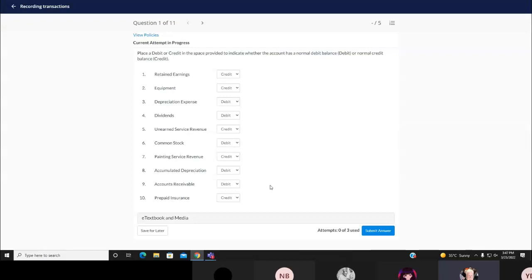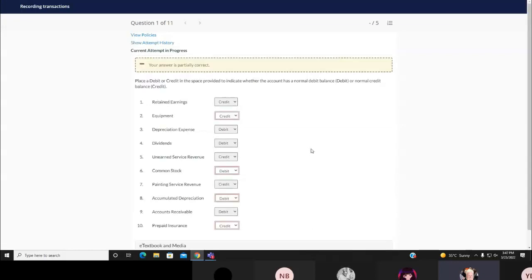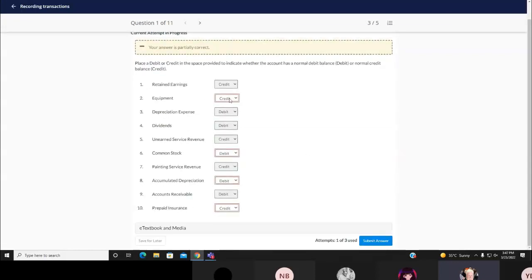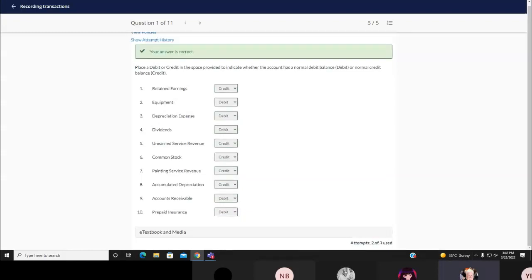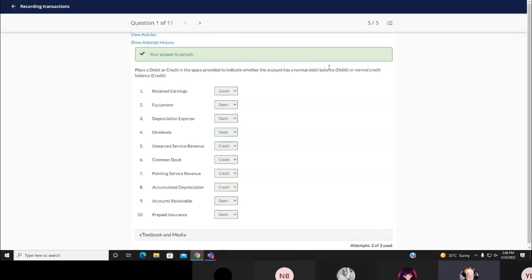Prepaid insurance is an asset. Accumulated depreciation is a credit. That's tricky, I haven't introduced accumulated depreciation, so it's opposite the asset. Okay, very good. Any questions?